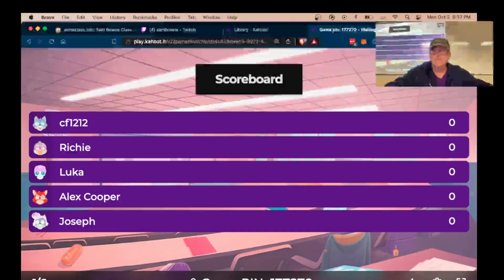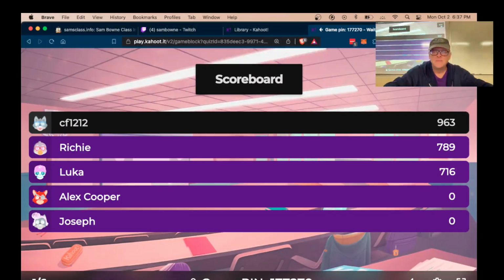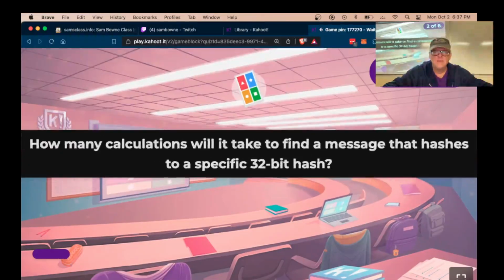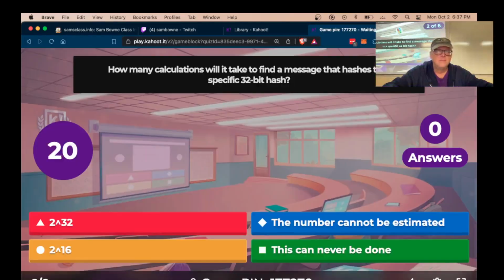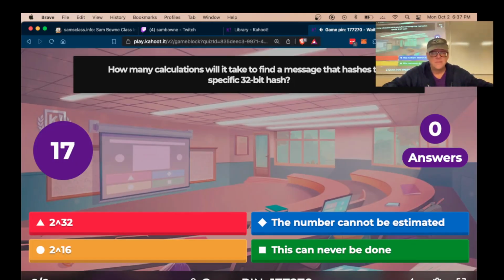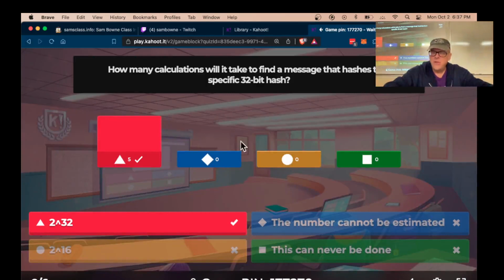All right, how many calculations will it take to find a message that hashes to a specific 32-bit hash? Yep, 2 to the 32. As you might imagine, that's how many possible hashes there are, and you have to try that many calculations before you are likely to hit one of them by luck.